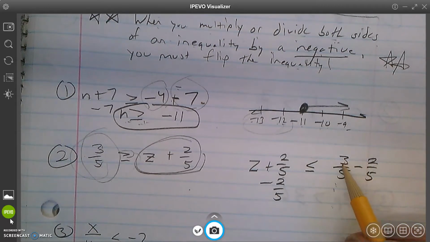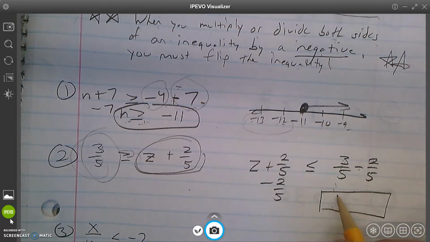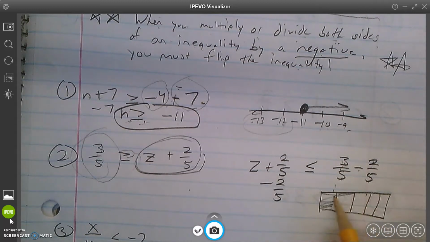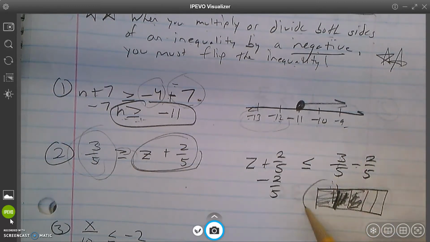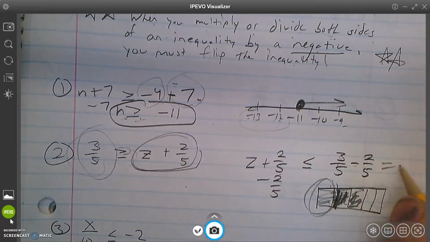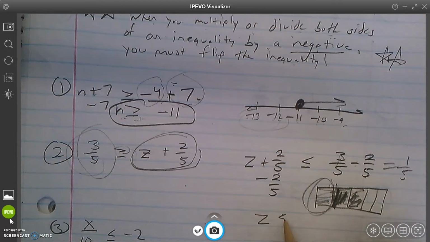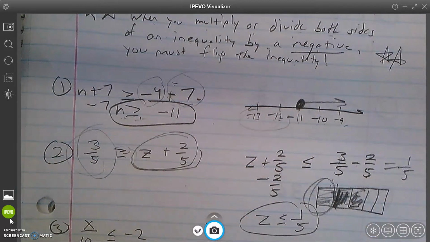If I have 3/5 of a pizza and I take away 2/5, I just have that 1/5 remaining, right? 1/5. So z is less than or equal to 1/5. There we go.